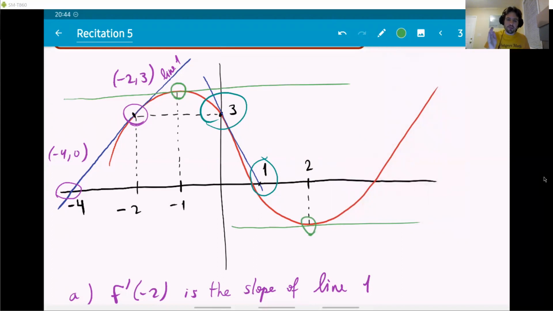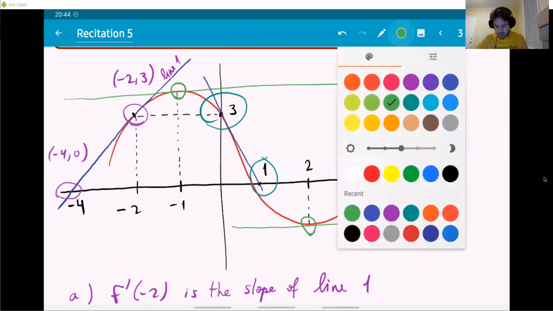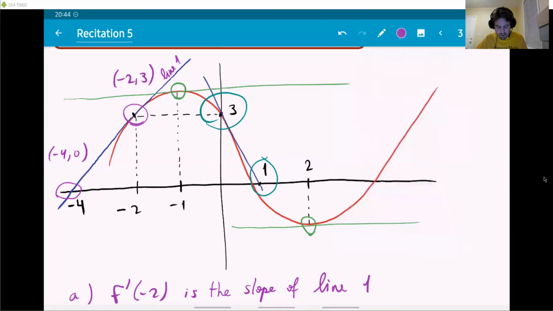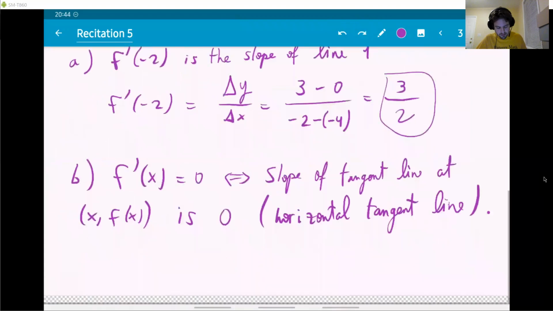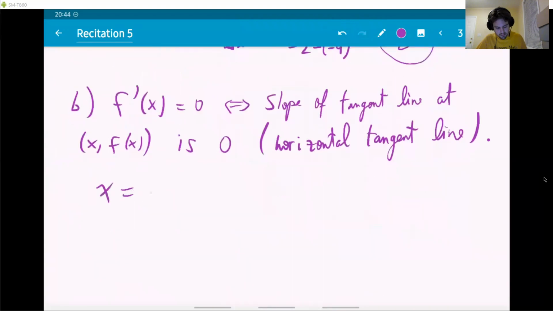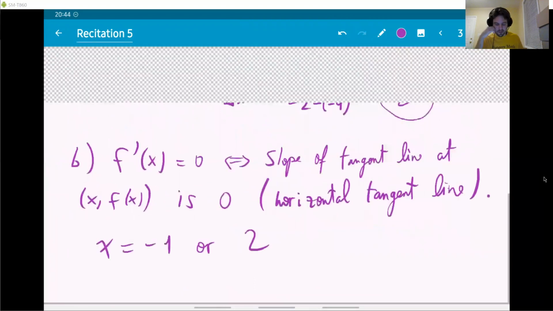So in other words, it's places where the graph is tending to become, maybe it was increasing before and now it's decreasing. So at that peak, the tangent line should be horizontal. So from looking at the graph, the two x values where that happens is -1 and 2. That's all you needed for this part.